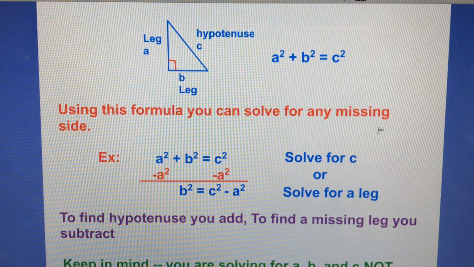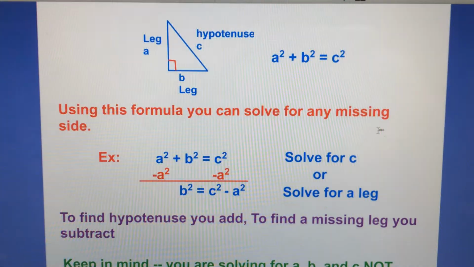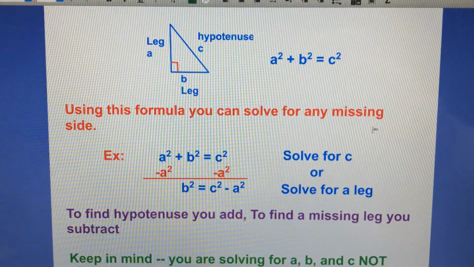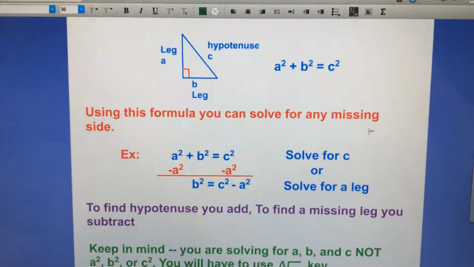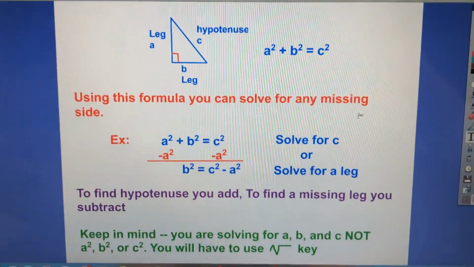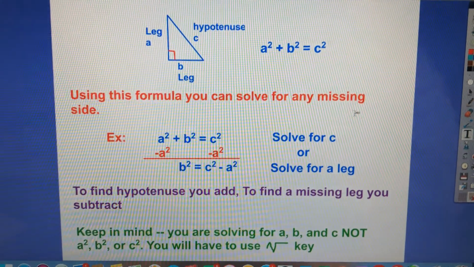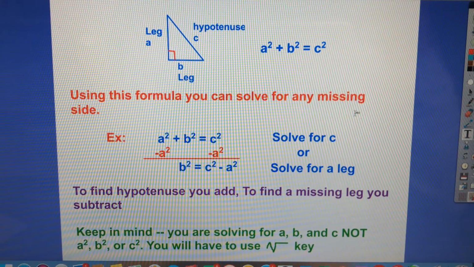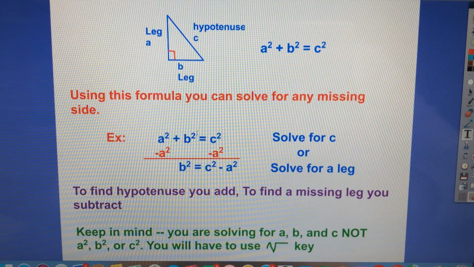To find the hypotenuse, you add the legs together, but to find a missing leg, you subtract. So you are going to subtract the hypotenuse minus one of the legs. And everything is squared while you're doing this. So it's going to be hypotenuse squared minus leg squared will give me the missing leg.